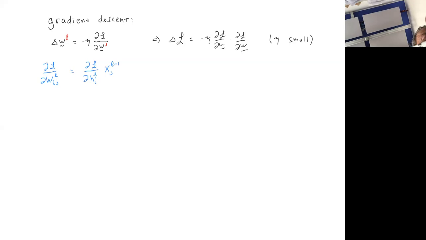From h_i^L equals the sum over k of W_ik^L x_k^(L-1). So this term x_j^(L-1) is basically the chain rule. This is the partial of h_i^L with respect to W_ij^L.